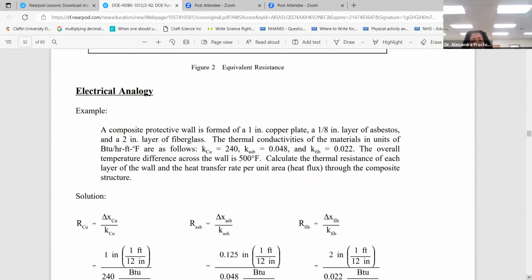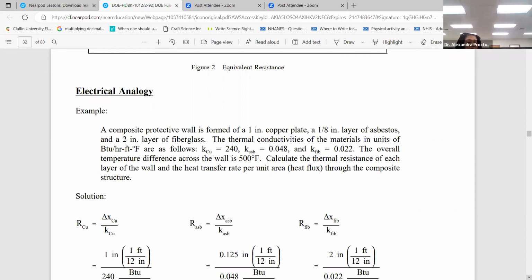So they have you do a calculation for this analogy between electrical flow and heat transfer. They ask the question: a composite protective wall is formed of a 1-inch copper plate, a 1/8 inch layer of asbestos, and a 2-inch layer of fiberglass.